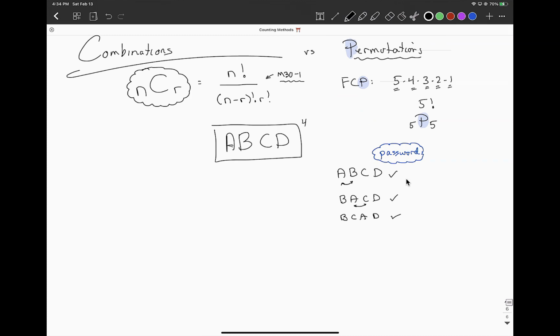And in that scenario, this is literally what we would call a permutation.